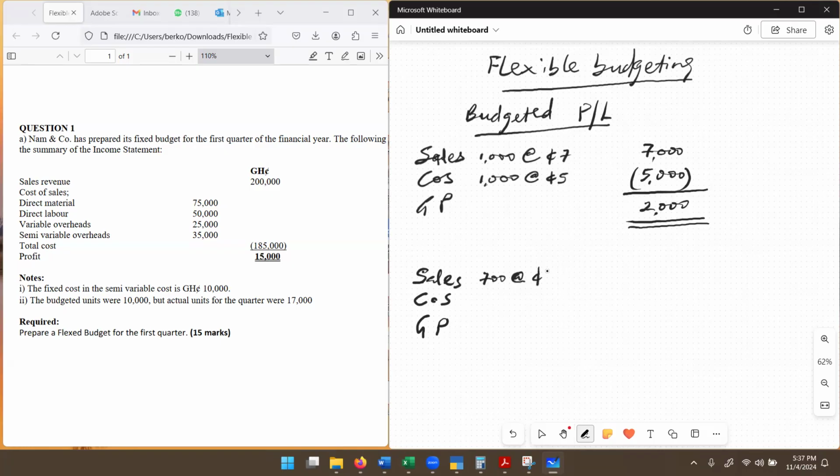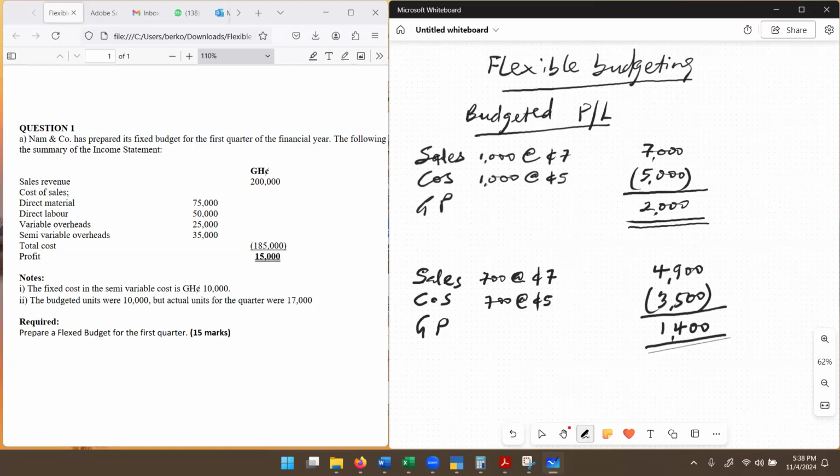At 7 cedis. Then 700 at what? 5 cedis. 4,900 and 3,500. So that gives us a profit of 1,400. You see?